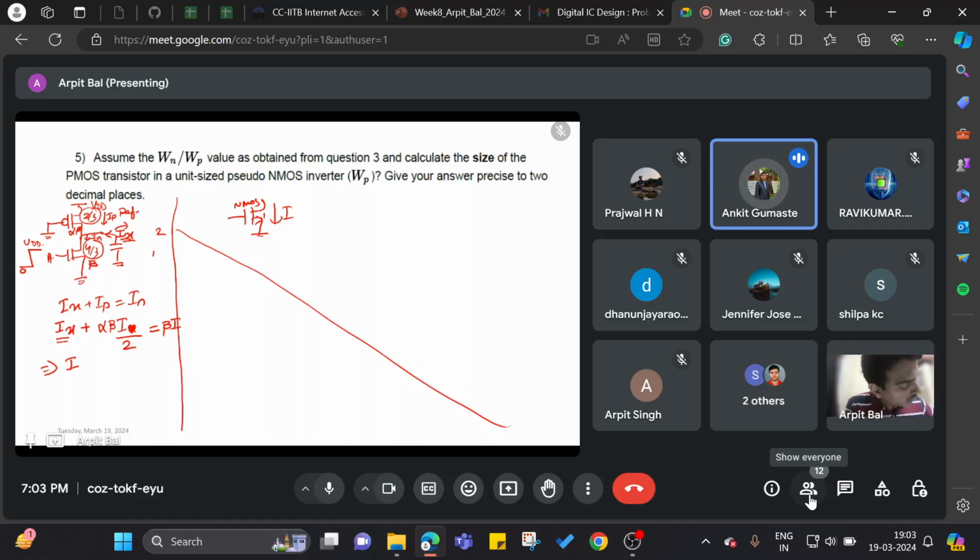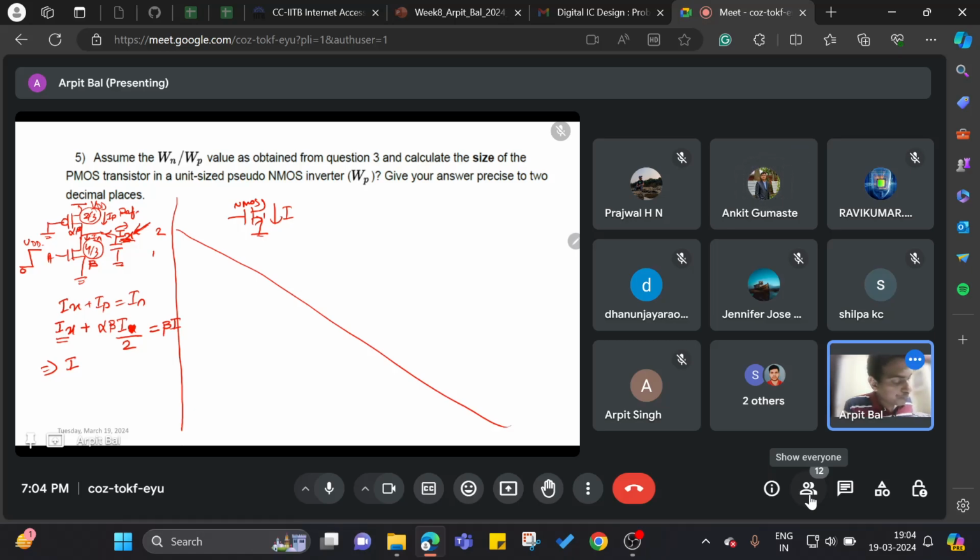But there will be current from PMOS also. Yeah, there will be current from PMOS. But what I am saying is, this Ix that is present here. So for figuring out the value of 2 by 3 and 4 by 3, what we did is we equated this Ix to I first.